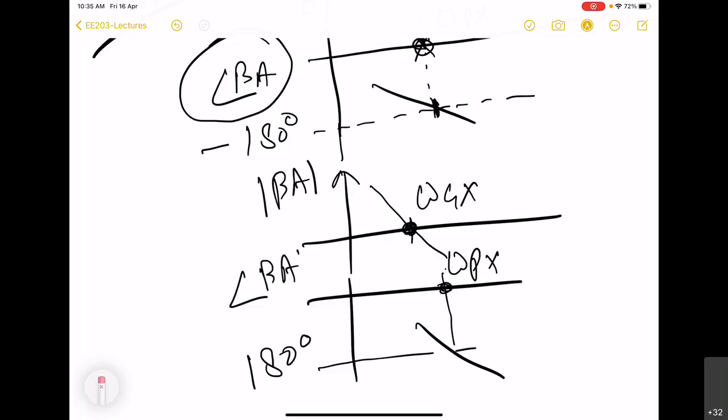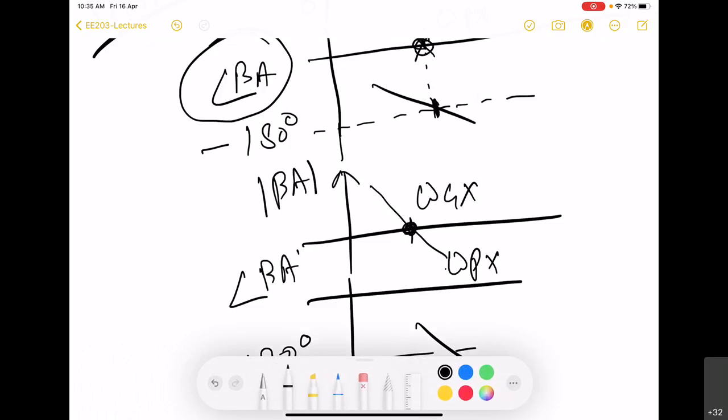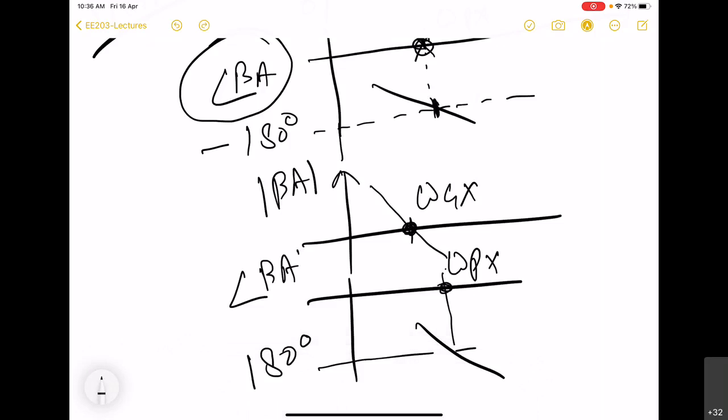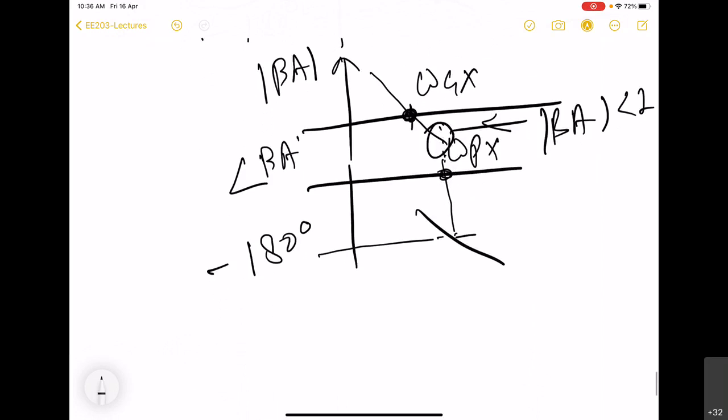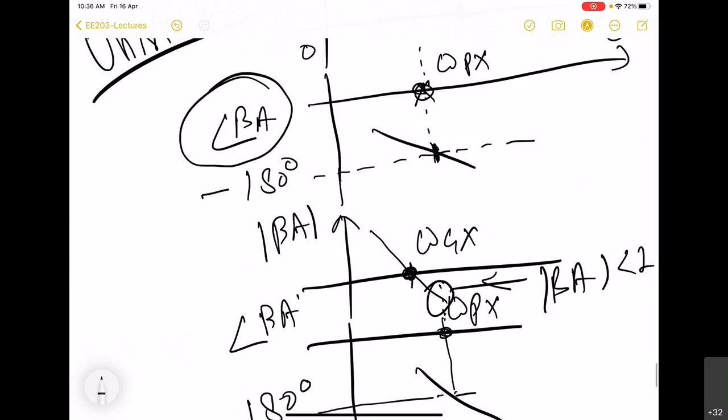So here we see that when the phase is 180 degree, that time the magnitude is less than 1 here. So in this case, beta A is less than 1, although the phase is minus 180 degree. So in this case, system is going to be stable because it will not fulfill the Barkhausen criteria.